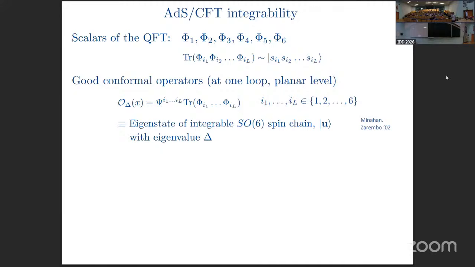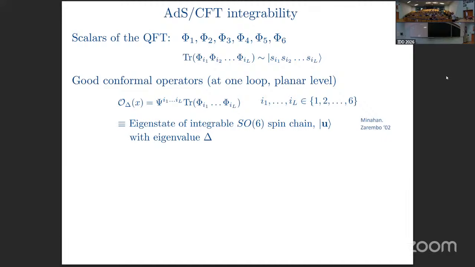Okay, so here's just what you need to know about AdS/CFT integrability. It's not much. In the field theory we are considering, we have 6 scalar fields. They're in the adjoint representation of some gauge group, and therefore I form gauge invariant local operators by taking traces of such operators. And with 6 scalars, I can map these single traces onto states of an SO(6) spin chain where the fields are the fundamental representation of SO(6) because there are 6 states then.